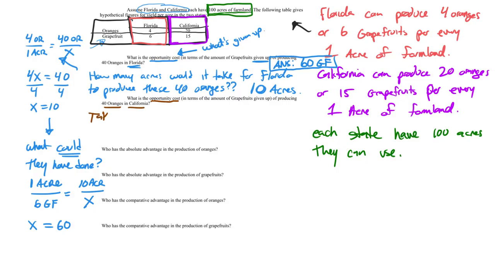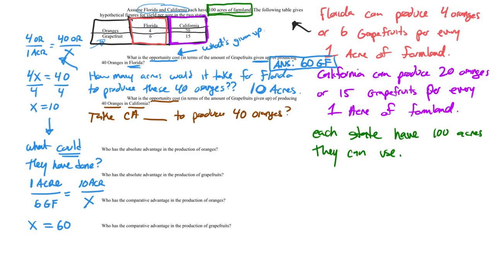Well, it's going to take California how many acres to produce 40 oranges, right? That's the first question. And I can see up here that over here, they can produce 20 oranges for every 1.